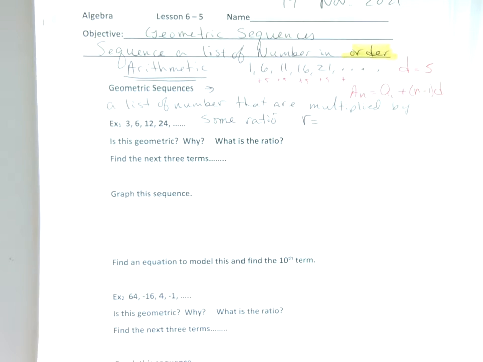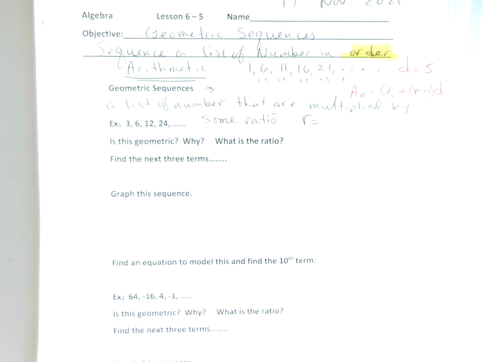The reason they call it a ratio is because you could multiply by a fraction. A ratio is a number like a fraction, so you could multiply something by 2/3, 2/3, 2/3. In this case we're multiplying by 2, and 2 can be a fraction, 2/1, so it's still a ratio.